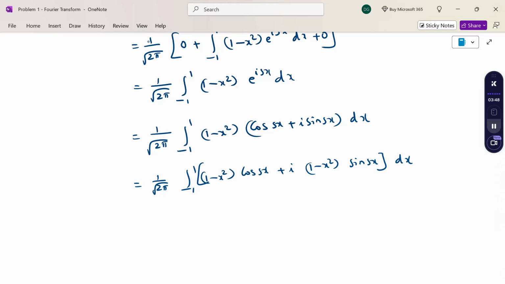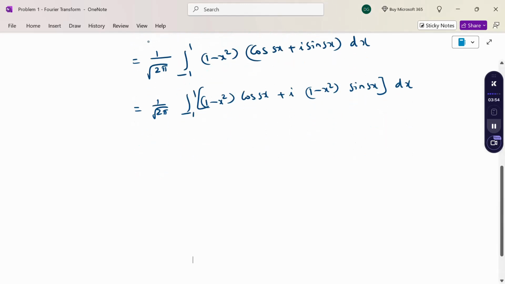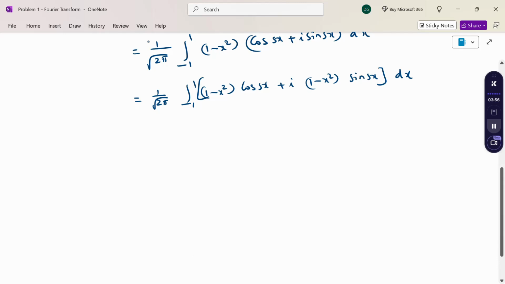Now look at the range, the full range. Full range means minus infinity to plus infinity, minus 1 to 1, minus 2 to 2, whatever the range, it is possible to apply odd function and even function properties. So what are odd and even functions? An odd function is one where, when I replace x by minus x, f of minus x equals minus f of x.